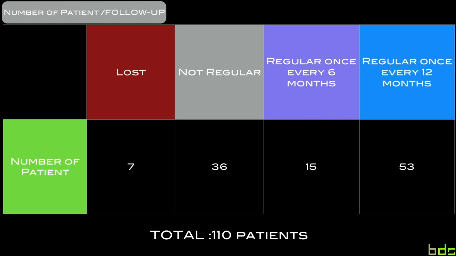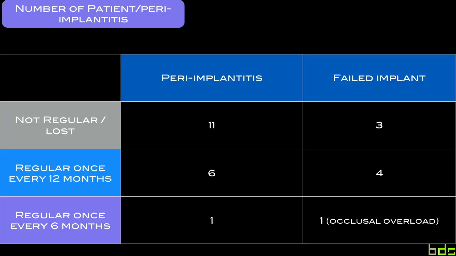So most of our patients came at least once a year. 7 were only lost to follow-up. Now we try to see the occurrence of peri-implantitis in regards to this follow-up. Obviously, as you can clearly see here, the more regular the follow-up, done every 6 months, the fewer problems of peri-implantitis and failed implants were observed.